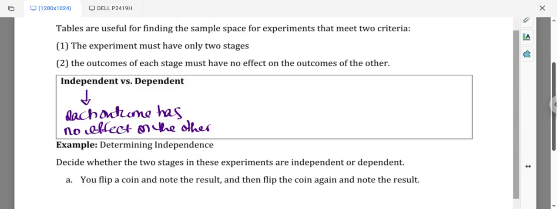Dependent means at least one outcome affects another.